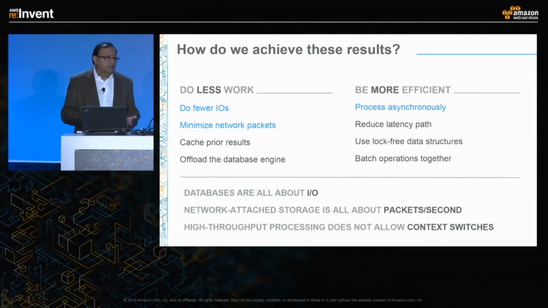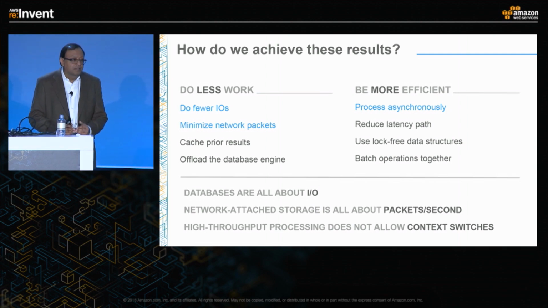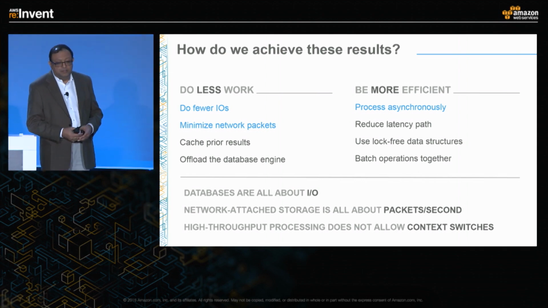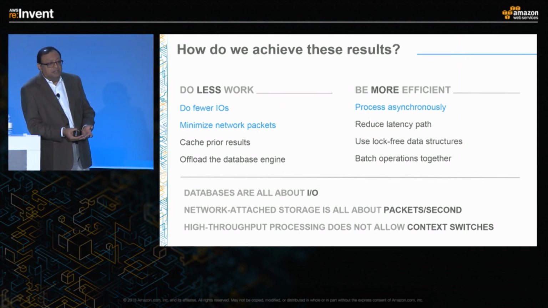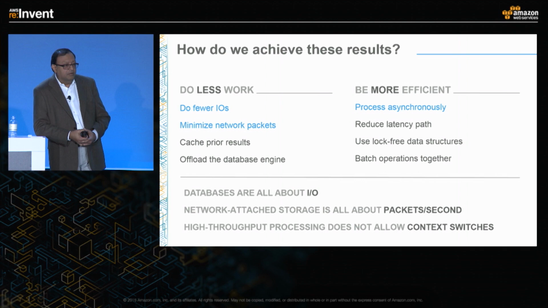But that's not architectural work. Once you're done with that, you're to the point where you're hitting I/O, right? Well-designed databases are all about I/O. Once you do network-attached storage, it's all about packets per second. You can run somewhere between 1 and 2 million packets per second on high-end hardware like EC2 enhanced networking, but that's still a pretty constrained number.